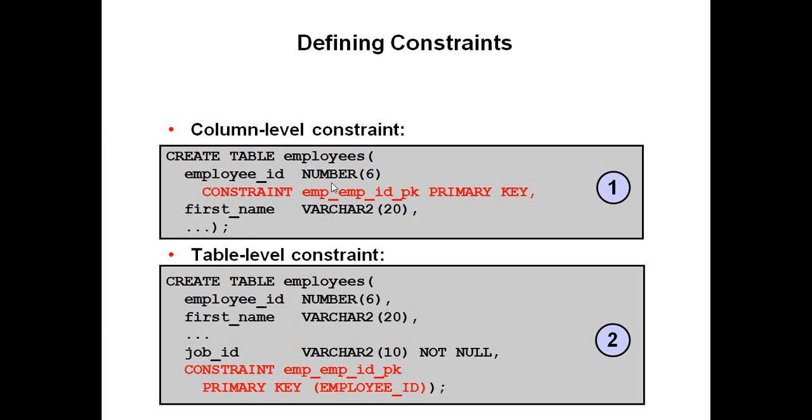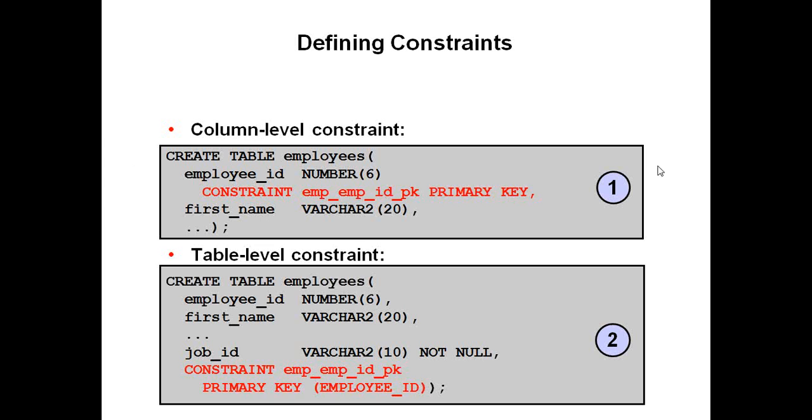In a column level constraint, you write create table name, then open a bracket, write the column name, declare the data type and its size, and immediately after this column you define a constraint, giving the constraint name and saying primary key.